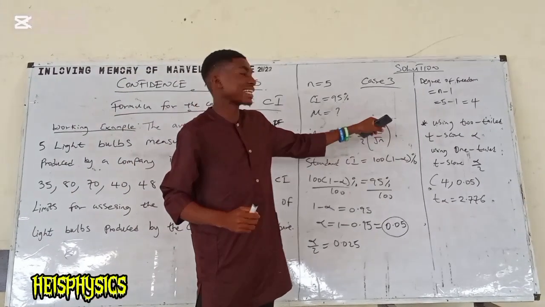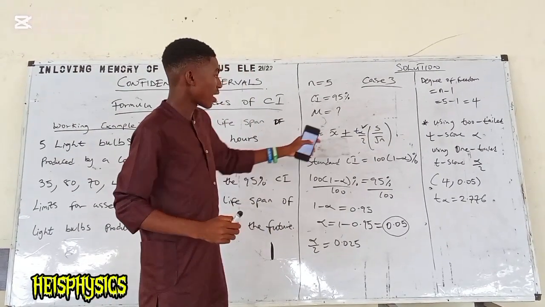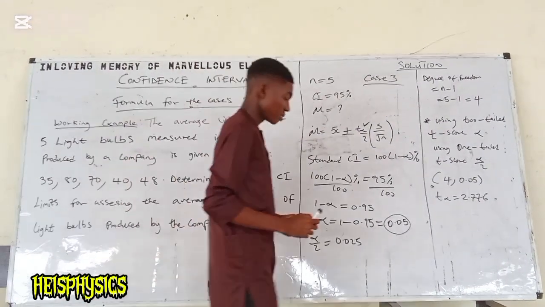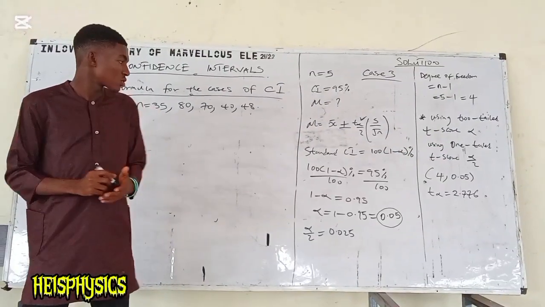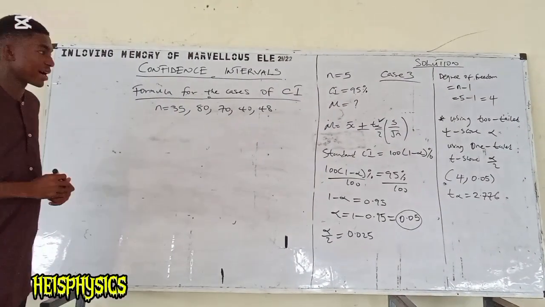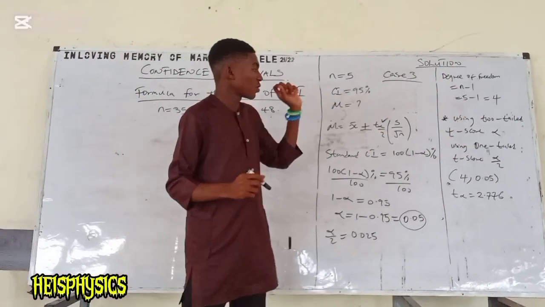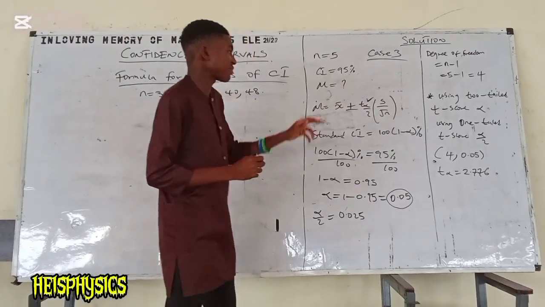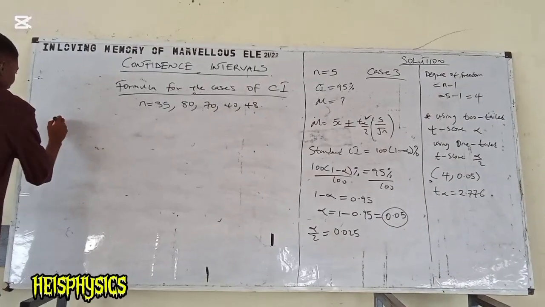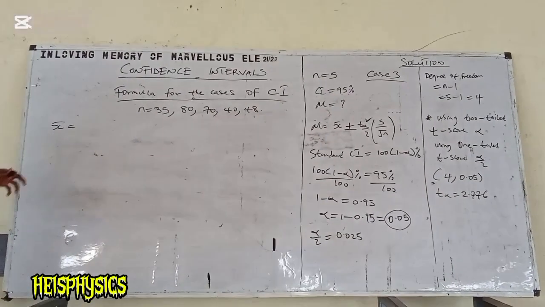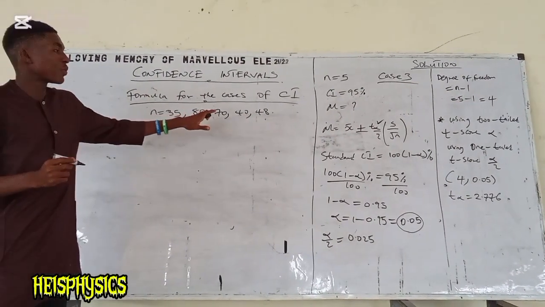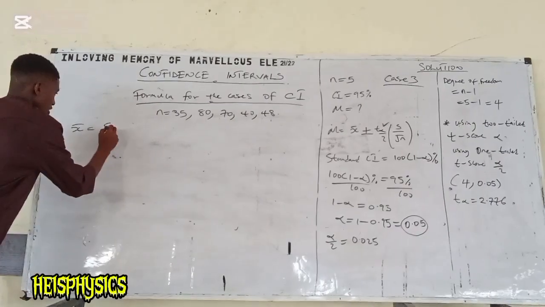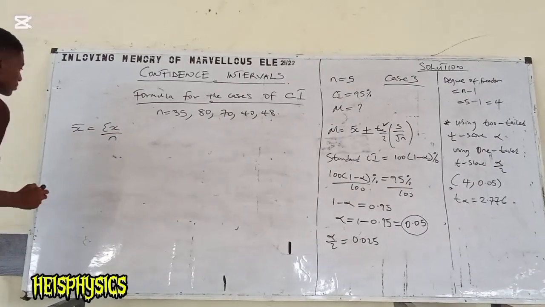Now, what is left? To find our standard deviation and our mean. So now, let's find our x bar. We have found the t-score. What is left? X bar and standard deviation. We already have n as 5. Let's find our x bar now. The formula for x bar for a table without frequency is summation of x all over n.